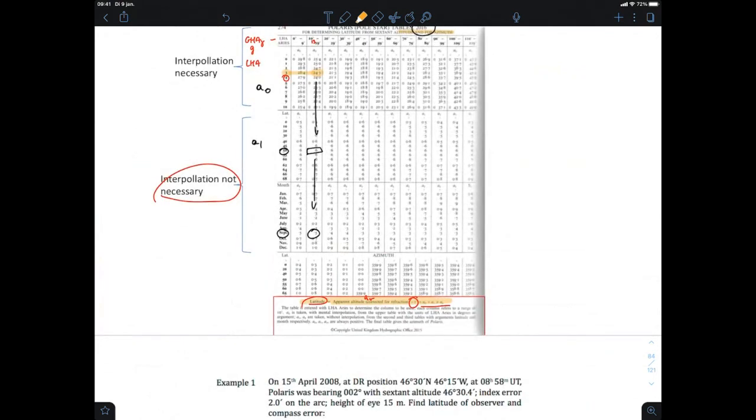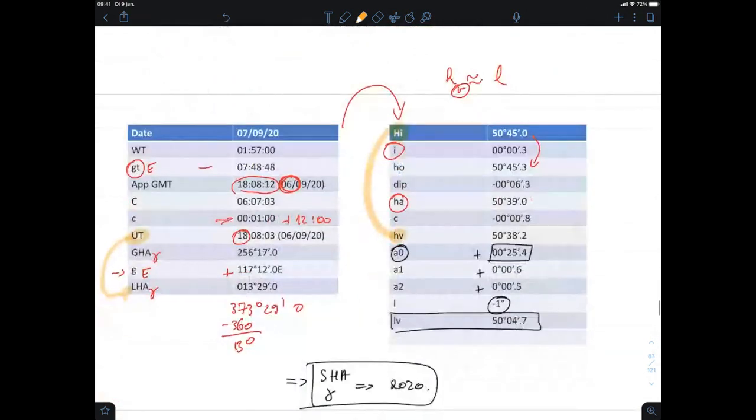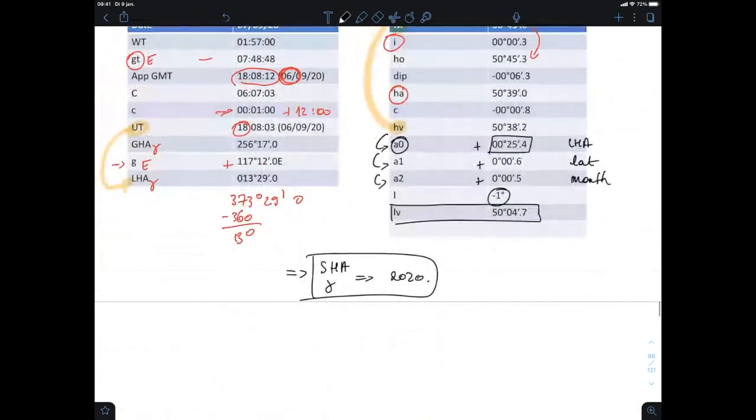So you take the apparent altitude corrected for refraction, that is your true altitude. And so to that altitude, you have to apply the corrections A0, A1, and A2. A0 in function of the LHA, A1 in function of the latitude, and A2 in function of the month. And then because of all the constants you've added, you need to subtract 1 degree, and this will give you then your true latitude. Voilà.